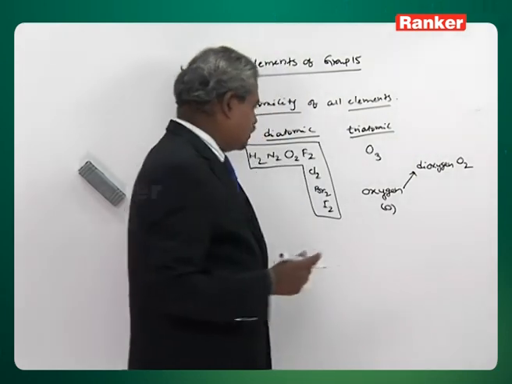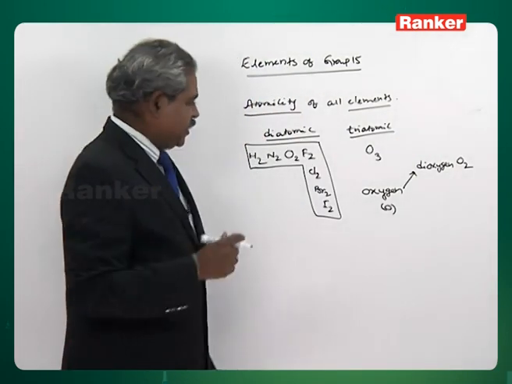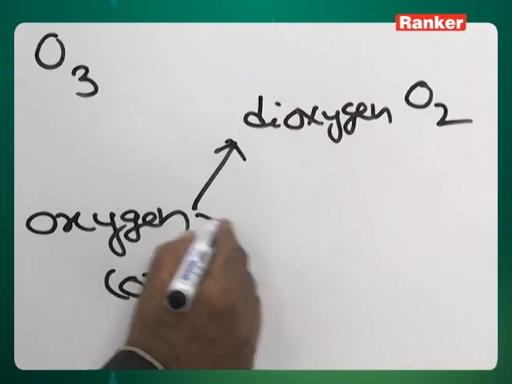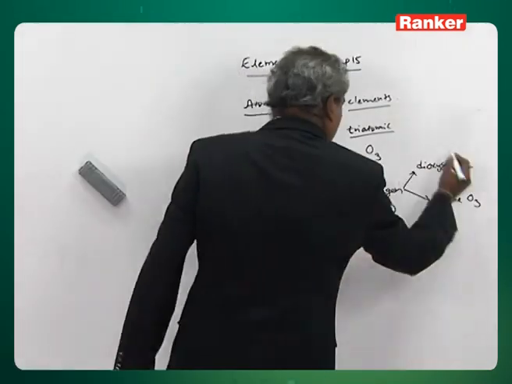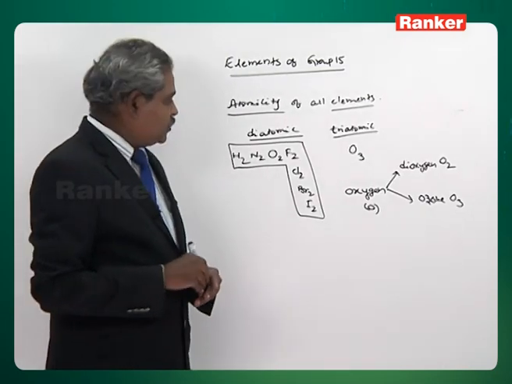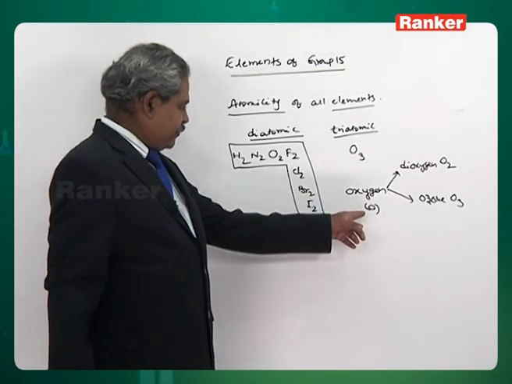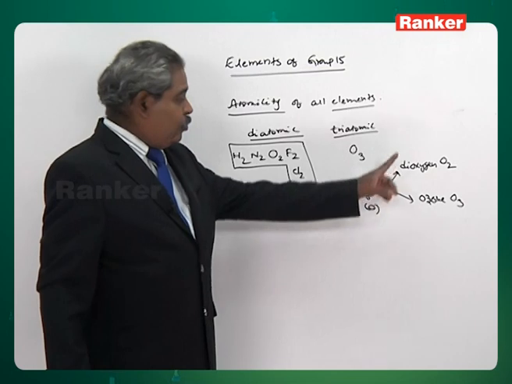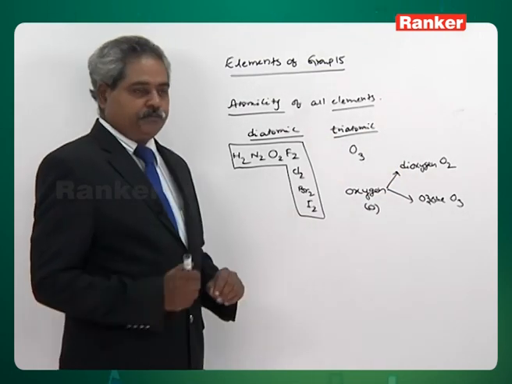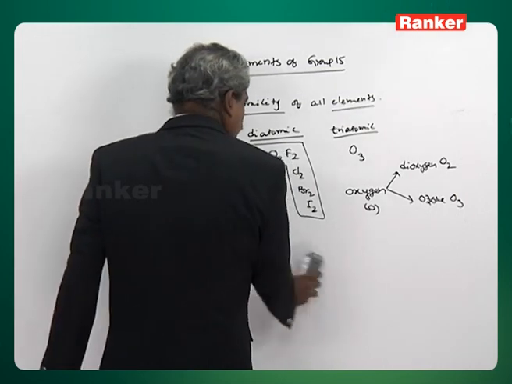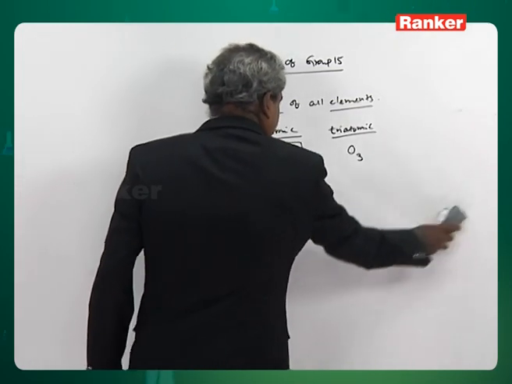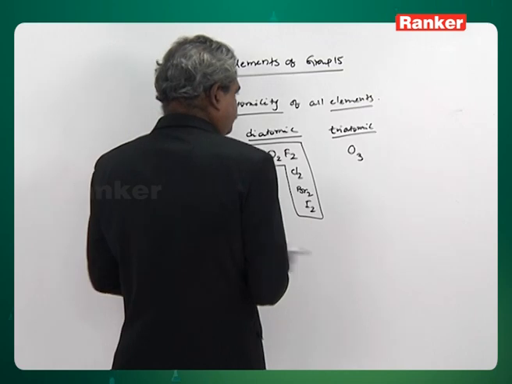We call it oxygen, and that is correct also. You need not particularly say dioxygen. And the trioxygen, which is called ozone. So these two are only allotropic forms of the same element. Oxygen is the element, O2 and O3 are its allotropes, different forms of the same element. So ozone again is an element, triatomic.